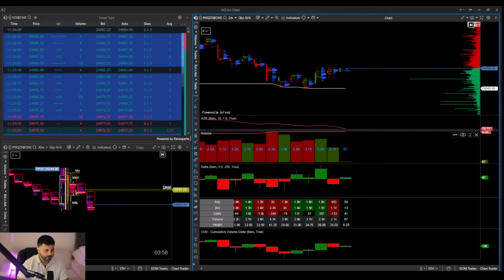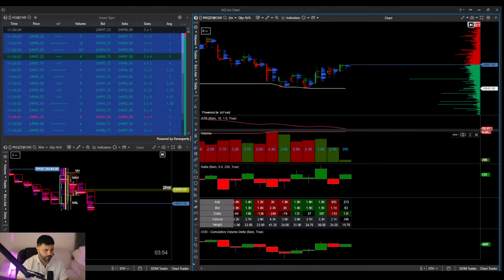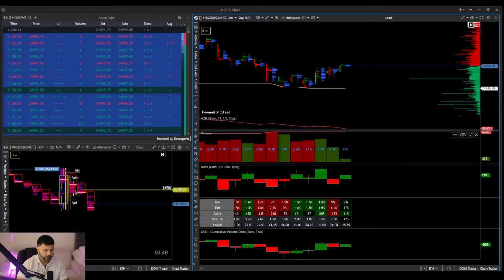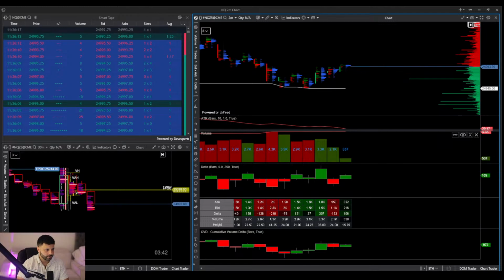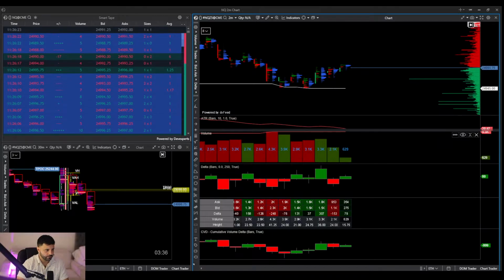I do think SPX can rally up to here though, right? You can see we got really aggressive. I think it can rally up to here, at least. So I expect a rally on NQ up to here. And if it's going to sell off, it'll sell off from that level.